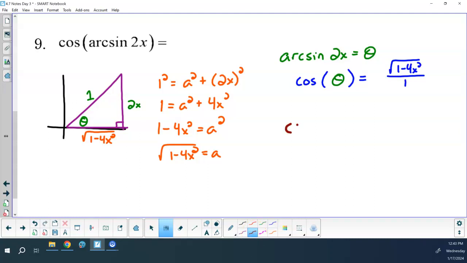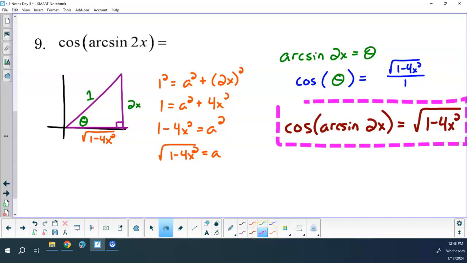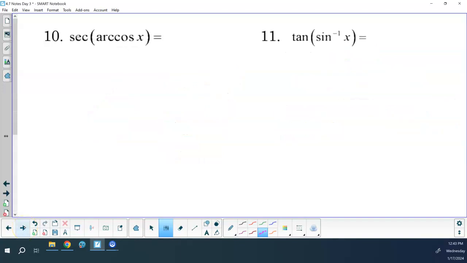So the cosine of the arc sine of 2x is the square root of 1 minus 4x squared. Yes? Well, two more. Try those two.